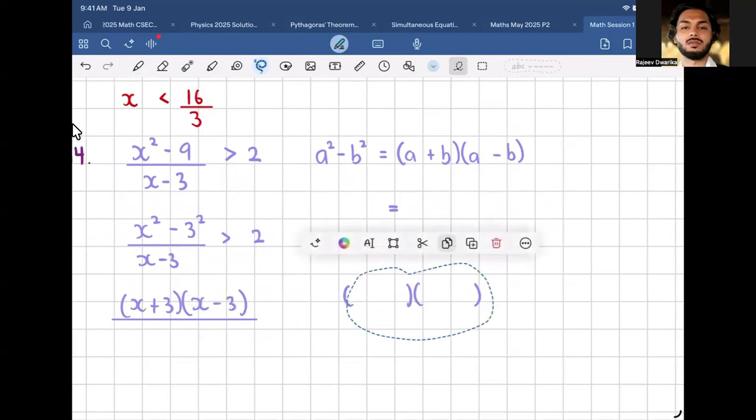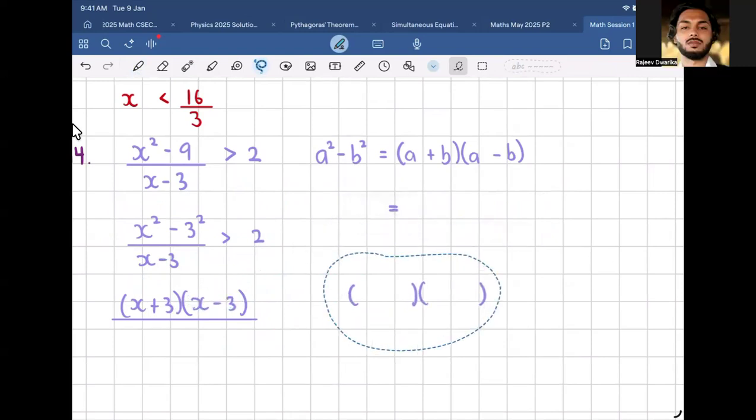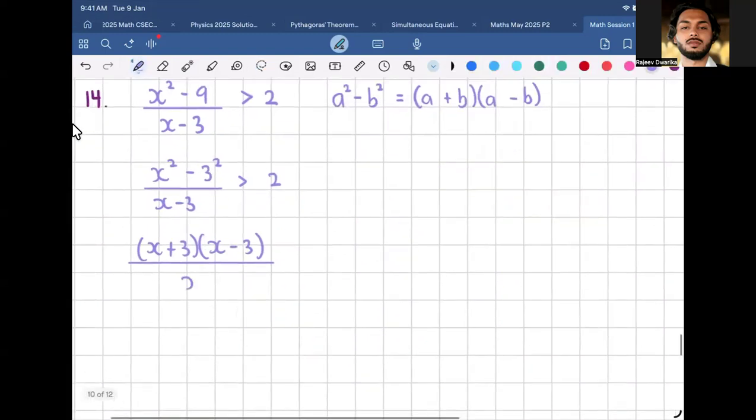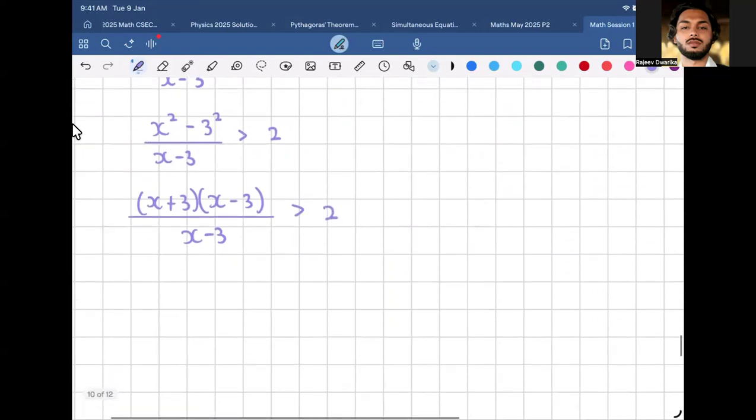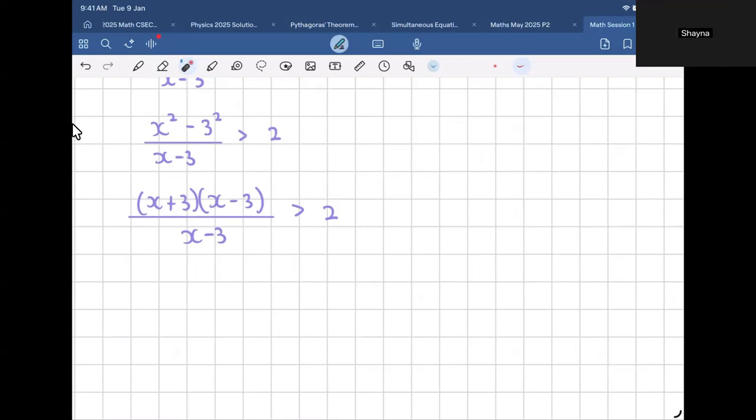And what am I going to put in the denominator? I'm just going to write back the x minus 3, right? So Sheena, are you seeing anything being multiplied by each other on the top? Is there a product of two terms? What terms am I multiplying on top?